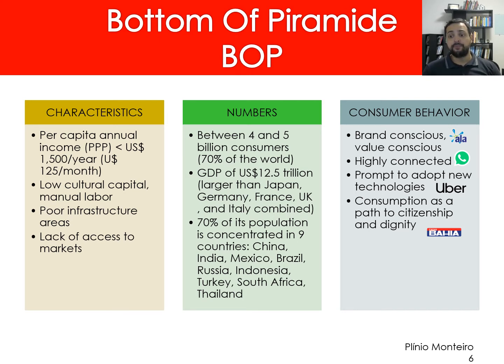So basically, they will try to get the best they can with the money they have. And also, they are highly connected, even in underdeveloped countries. They are connected through the internet and applications like WhatsApp. And also, they are very prone to accept new technologies like Uber.